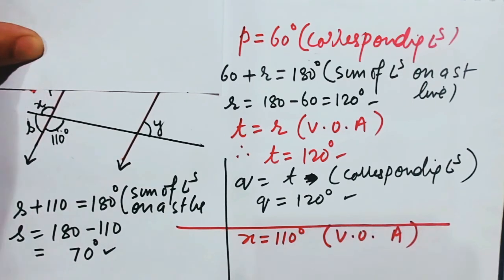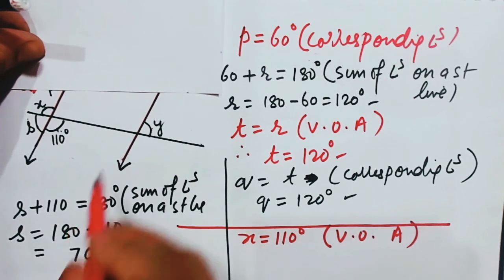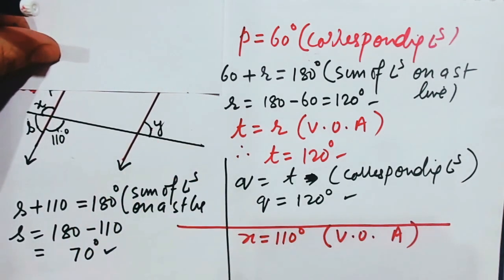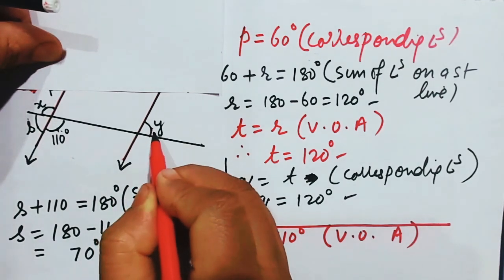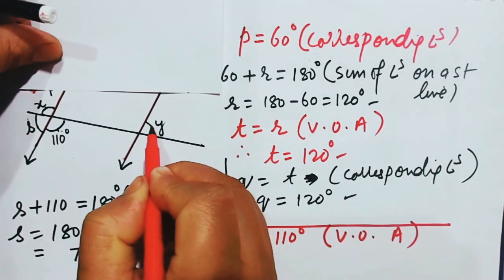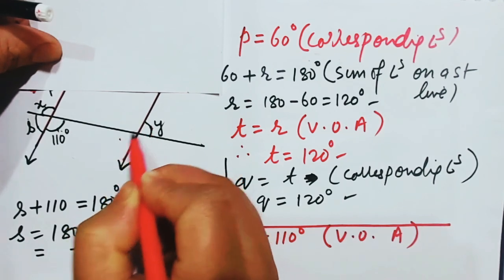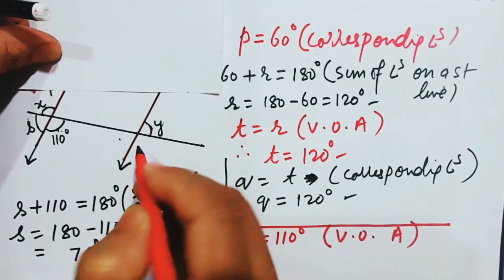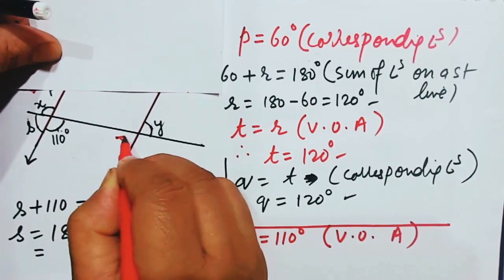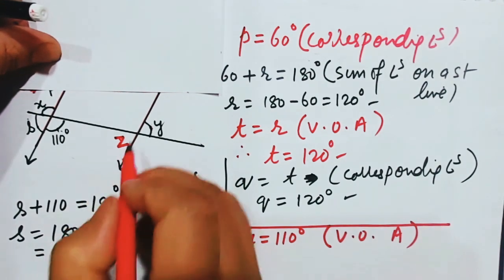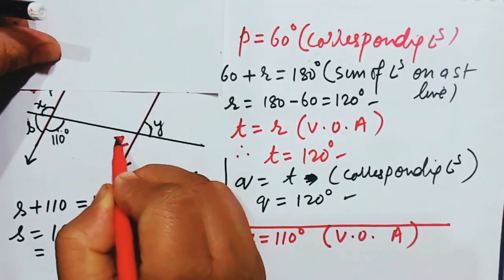Now, what about this Y? How can we find out the value of Y? Don't you think that the value of this Y and this angle will be the same? Let me write here as Z.